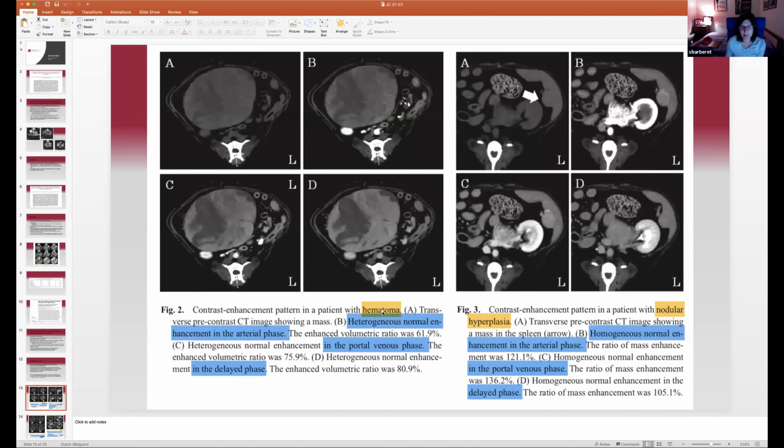So that's the hematoma they show. So with some contrast enhancement, but that's what they call a heterogeneous normal enhancement, which is fair enough. I would say that's roughly what I would expect, like an enhancement of a spleen. So I guess that's what I would have said, yeah, normal enhancement.